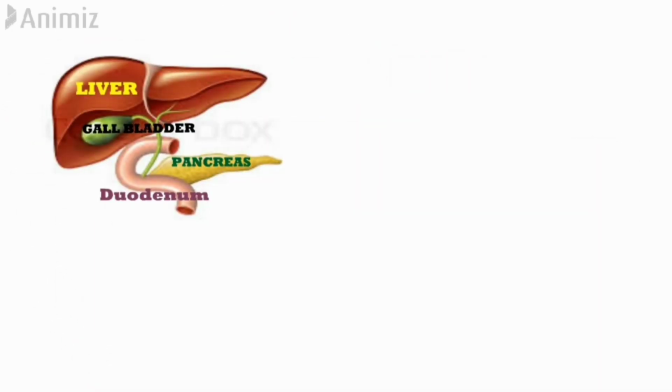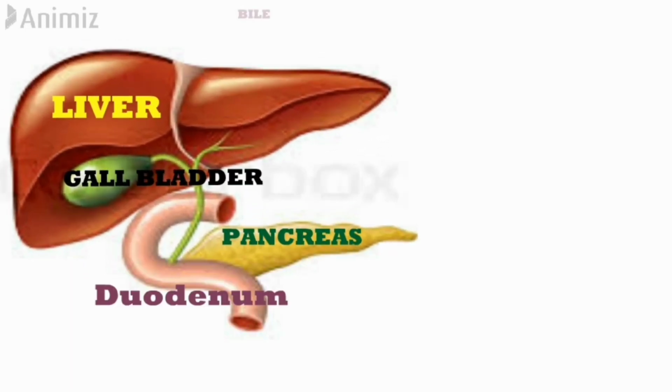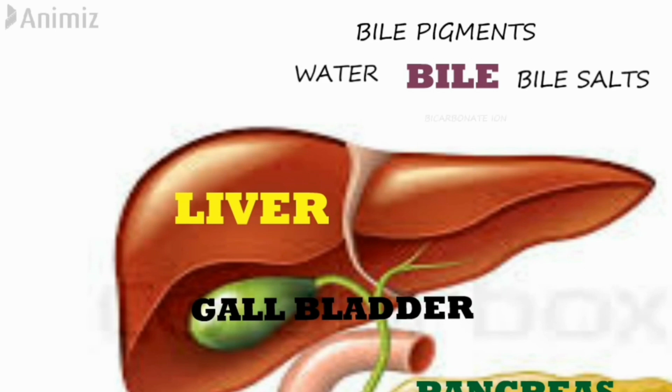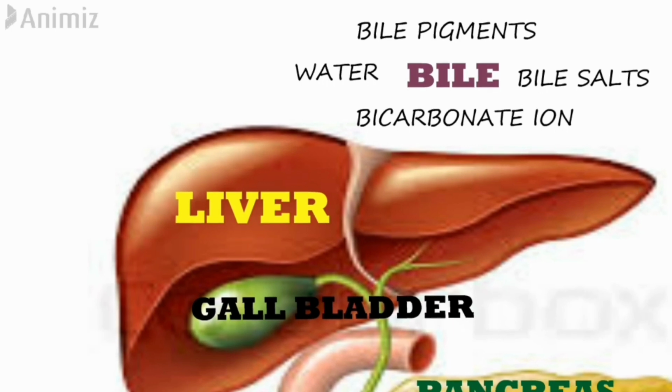Here, the pancreas secretes pancreatic juice and the liver produces bile, which plays an essential role in digestion. The bile is stored in the gallbladder. Bile contains bile pigment, bile salts, bicarbonate ions and water. The bile carried through the bile duct is added to it.